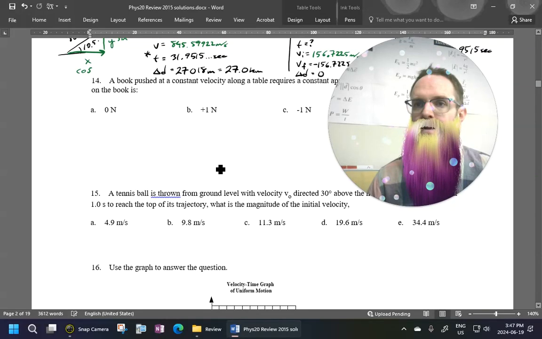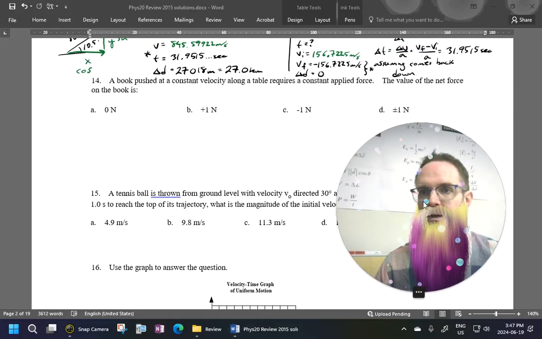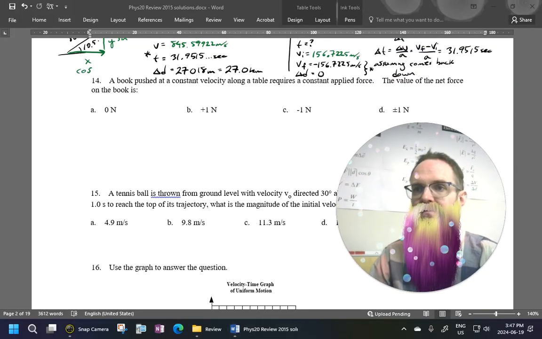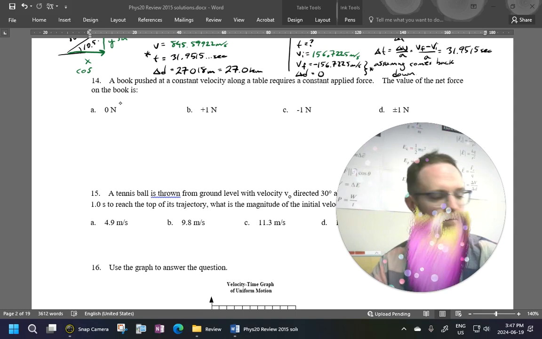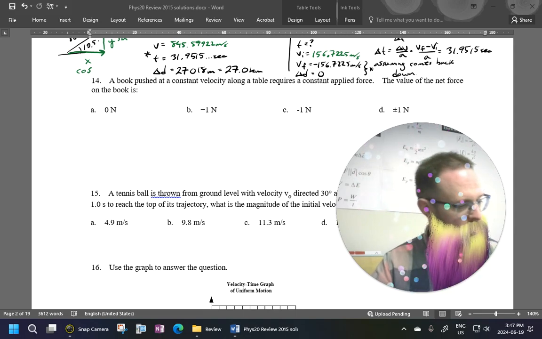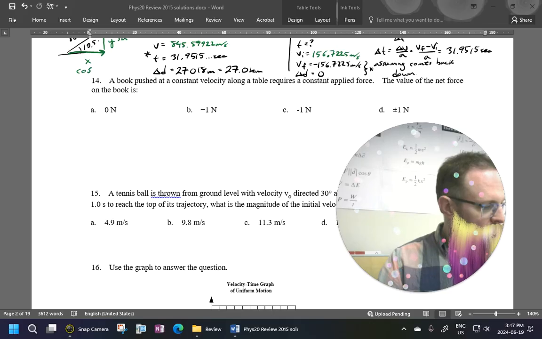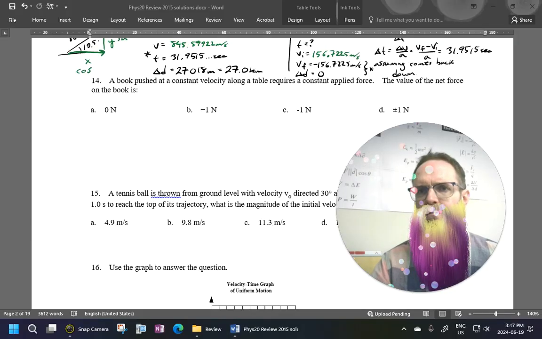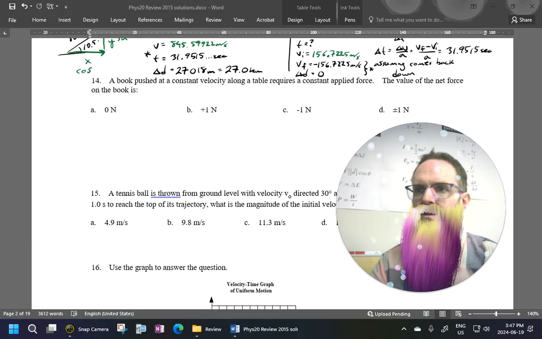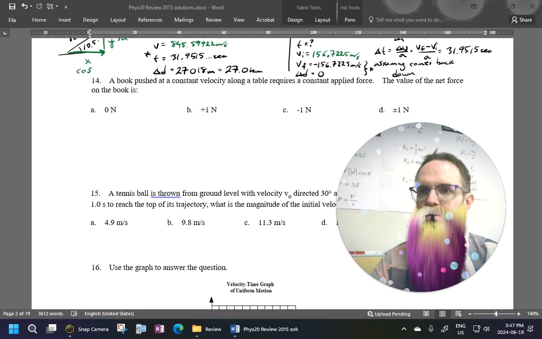Okay. We got this book pushed at a nice constant velocity. It requires a nice applied force. Now here's the key.